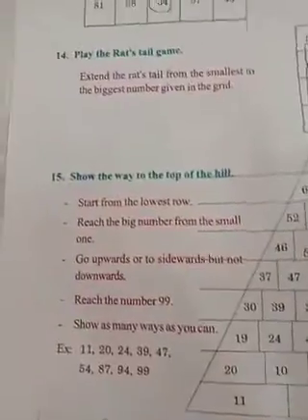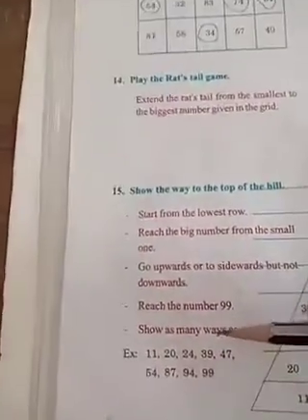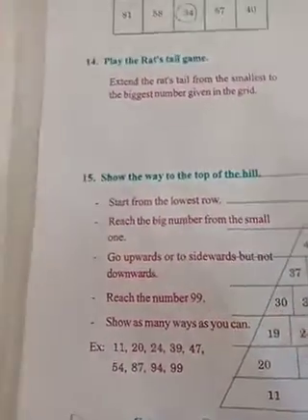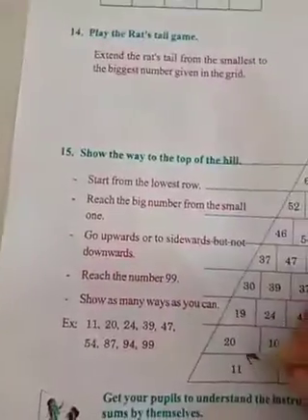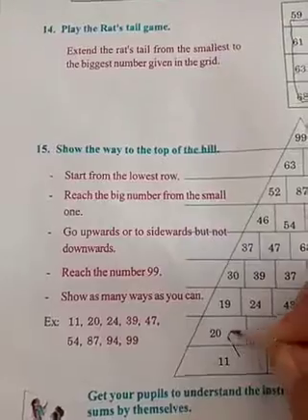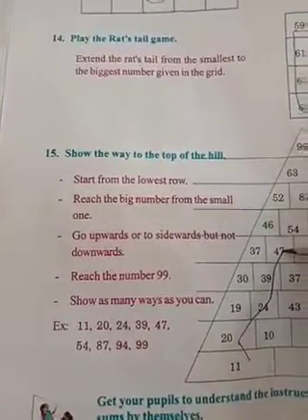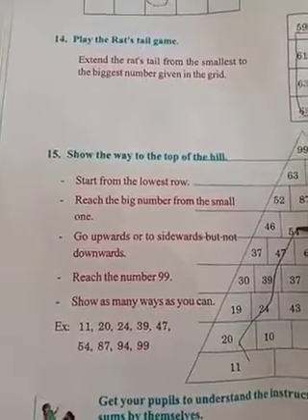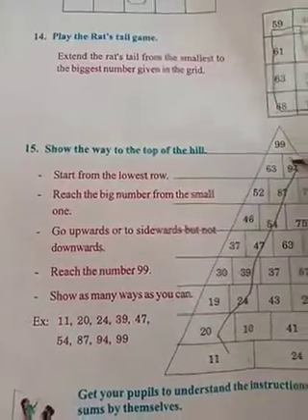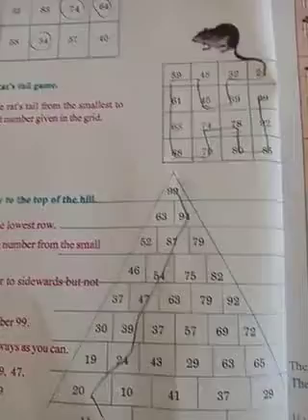Reach from here down to here, 99 only. Show as many ways as you can. So here one example is given, children: 11, 20, 24, 39, 47, 54, 87, 94, 99. Like that only.